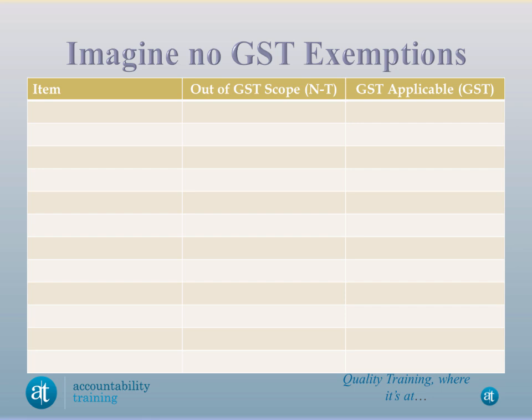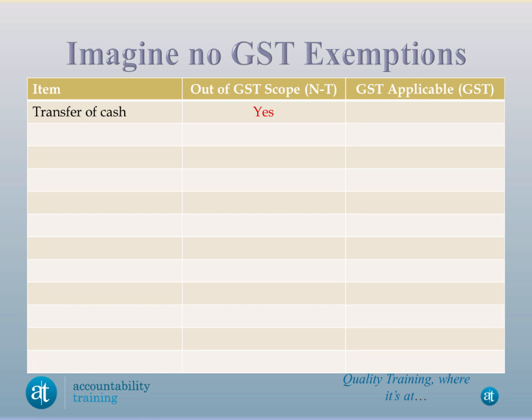The first would be NT, non-taxable, or if you like, out of scope of GST, for those items that are not the supply of goods or services, and therefore would not be captured by a goods and services tax. The second would be GST, for those items that are the supply of goods and services.